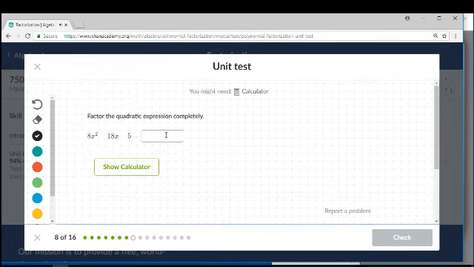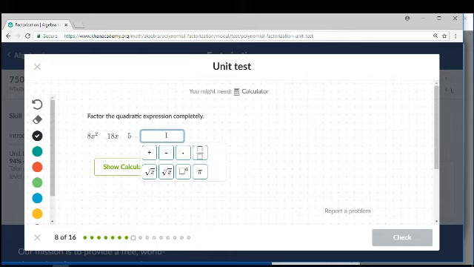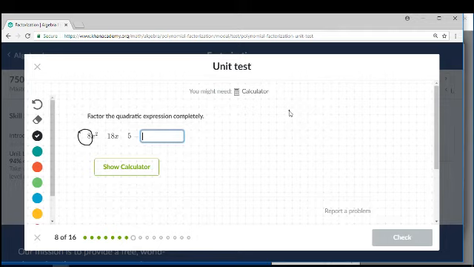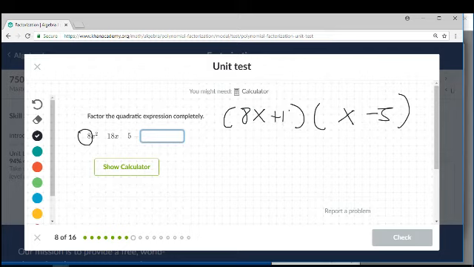Factor the quadratic completely. To make 8x squared, we'll need to break down that 8 somehow. First we can try 8x and x, and then we can try negative 5 and positive 1.